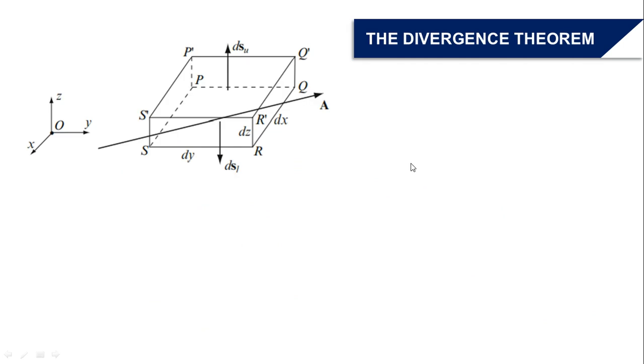So, punta naman tayo sa concept naman ng Divergence Theorem. Okay? So, let us consider yung box na meron tayo dito. Meron tayong sides na dx, dy, and dz. Ayan, no? So, the flux, ang sabi sa Divergence Theorem, no?